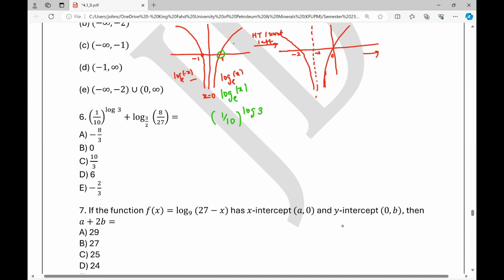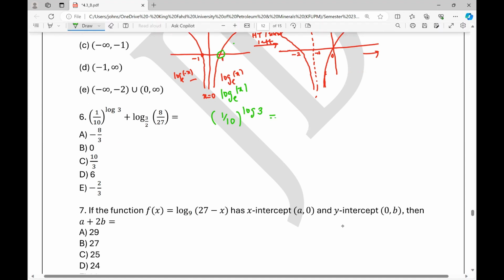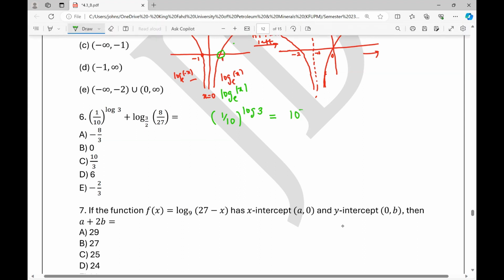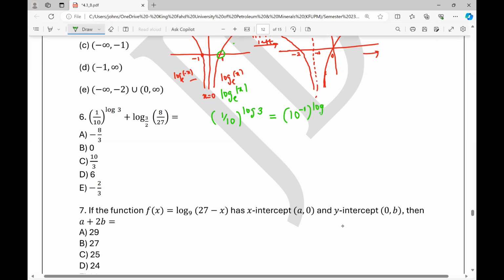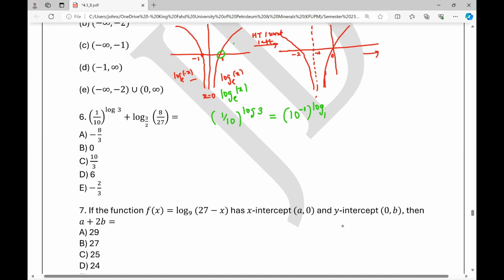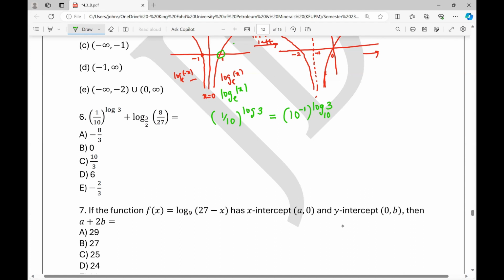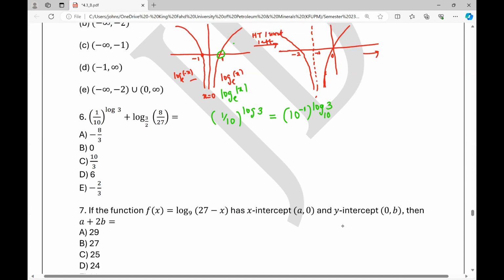If you look at this carefully, let's deal with the first part. This we can write as 3 to the power -1, all to the power log of 3. But this log 3 is actually to base 10, yes? So with that now, what can we write this as?